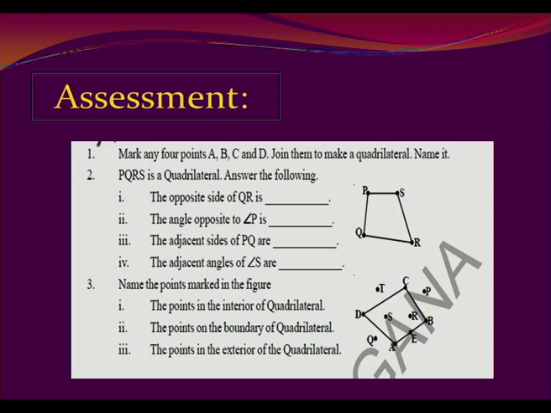The opposite side of QR, the opposite angle of P, the angle of S, okay, the adjacent side of PQ like this. Name the points marked in the figure. Again you name the points also. Here also a figure is there, you can see here.